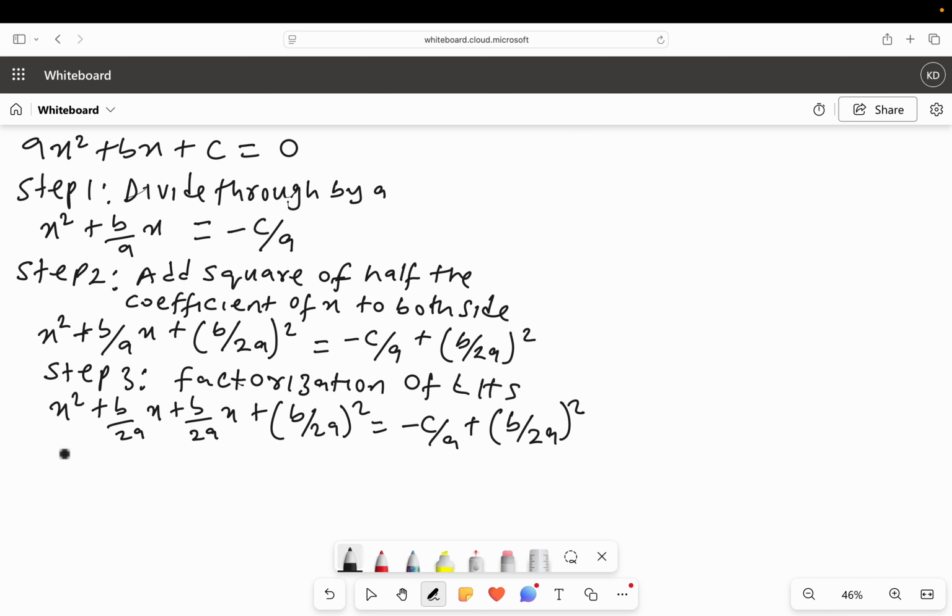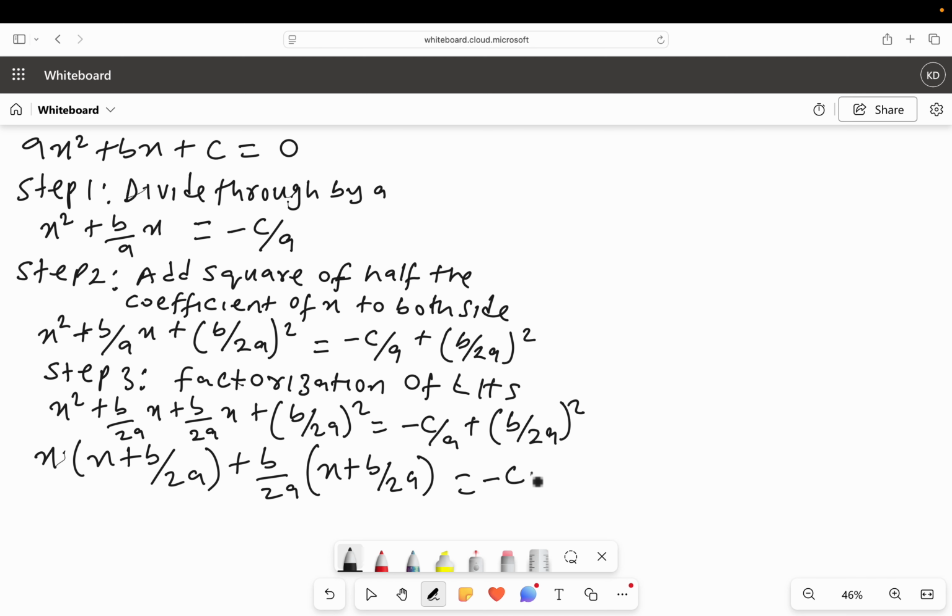So continuing with my factorization, I will just have x into x plus b over 2a plus b over 2a into x plus b over 2a, and then I will have minus c over a plus b squared over 4a squared. So from the two terms in the left hand side, we can see that x plus b over 2a is a common term.